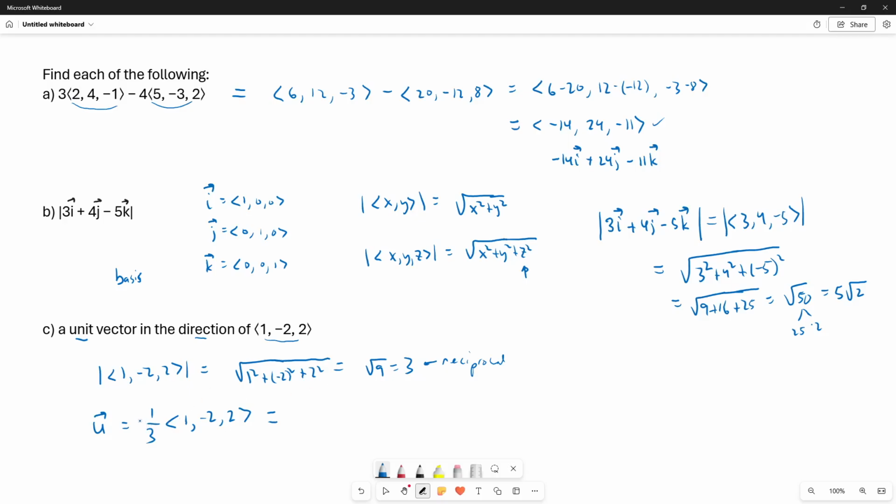If we made this a negative 1/3, it would point in the opposite direction. And it would still be a unit vector. And so this is the vector distributing 1/3, negative 2/3, 2/3. This is a unit vector in the same direction as 1, negative 2, 2.